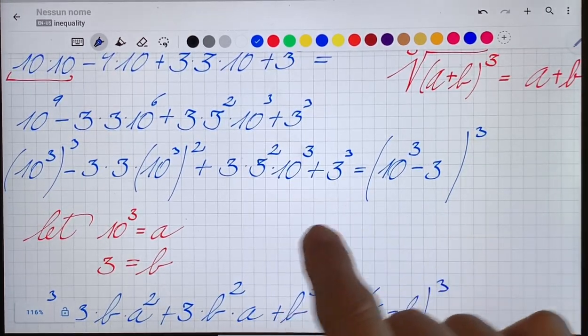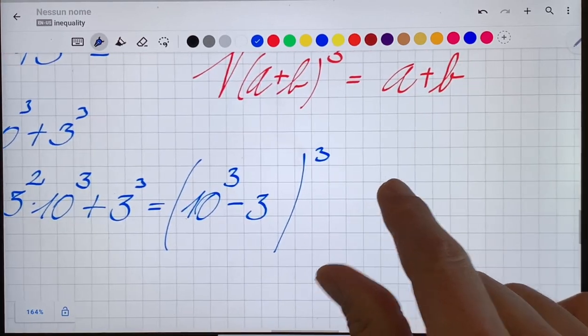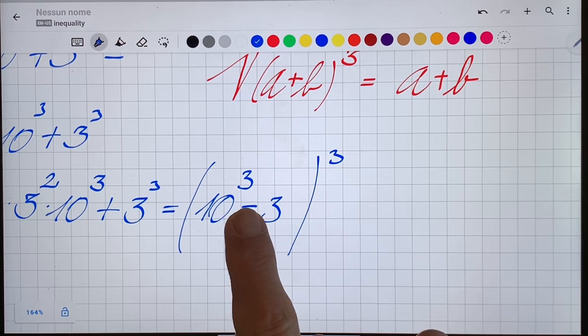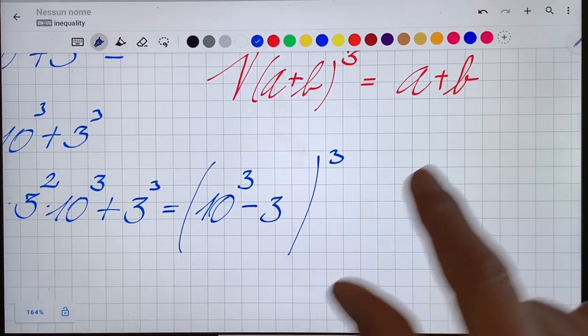Now the result is this. So the original 9-digit number is 10 to the power of 3 minus 3, all to the power of 3.